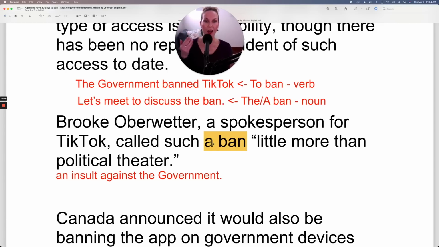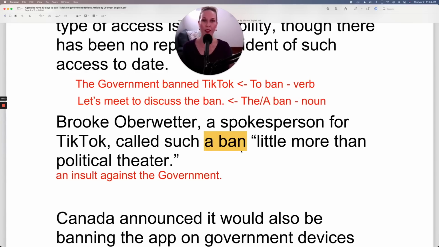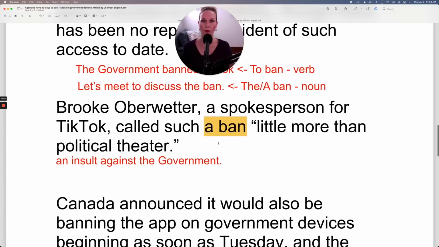If it's a noun, it will have an article, or it could have a plural form as well. So it's an easy way to identify it. Let's meet to discuss the ban. Now, I could say what type of ban? The TikTok ban. Let's meet to discuss the TikTok ban. Let's meet to discuss the smoking ban, the ban. So you will see this as a noun as well.